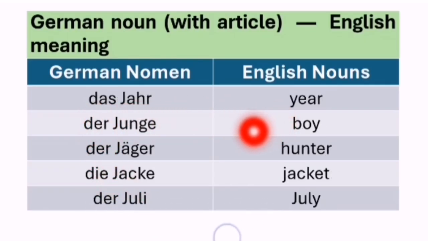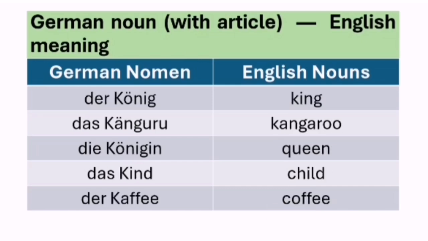Das Jahr, year. Der Junge, boy. Der Jäger, hunter. Die Jacke, jacket. Der Juli, July. This is a proper noun, so we write it with a capital letter in English too. Der König, king. Das Känguru, kangaroo.